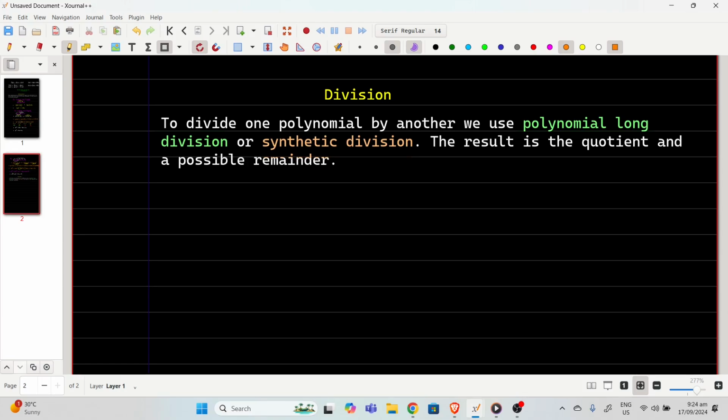So let me just put a definition out here with respect to the name of certain parts of your problem. Usually when you have a problem for division, you would have some polynomial p of x divided by another polynomial d of x, and you would usually get a quotient q of x and some kind of remainder r of x.